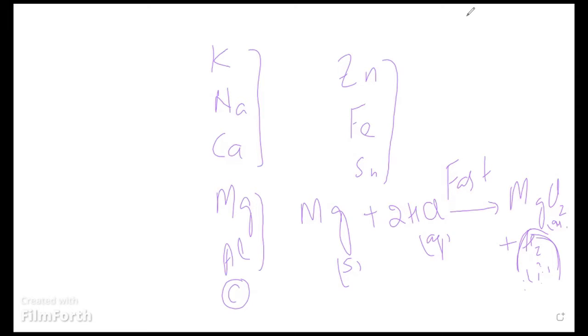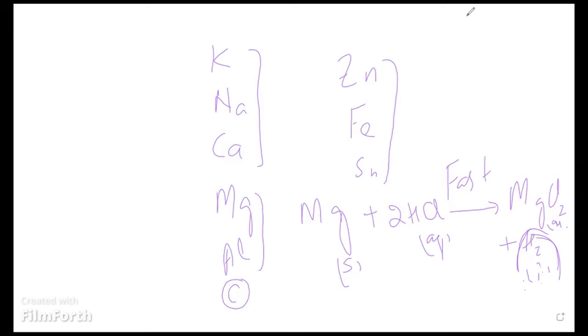Lead metal reacts slowly with dilute HCl, and the reaction stops very quickly due to formation of insoluble lead chloride on its surface.